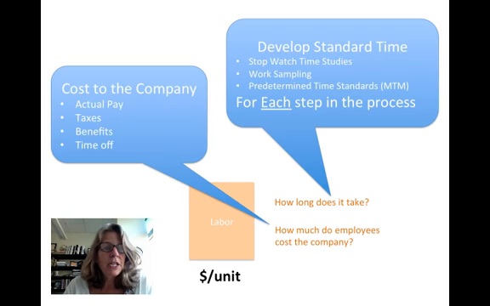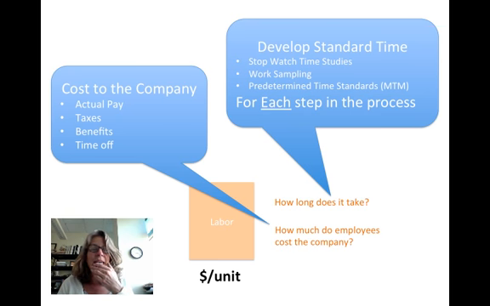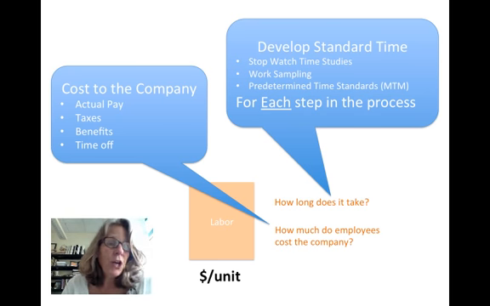So we might want to continue to look a little bit more at what is in each of these numbers. So for the cost of the company, we're going to look at the actual pay that the worker makes. We're also going to add to that taxes, benefits, time off, educational, retirement, anything else that is a benefit to the employee. How long does it take? We're going to develop time standards. Maybe there already are time standards, but mostly you will probably be developing this.